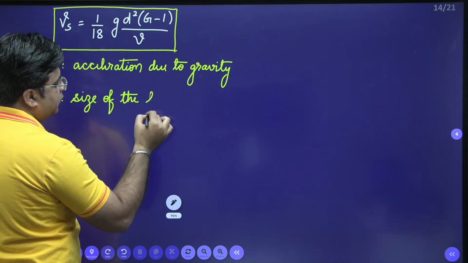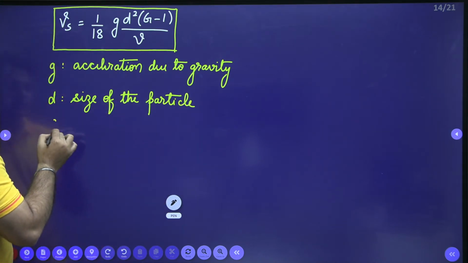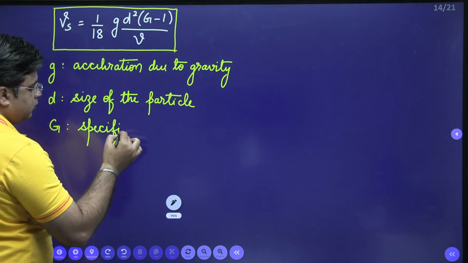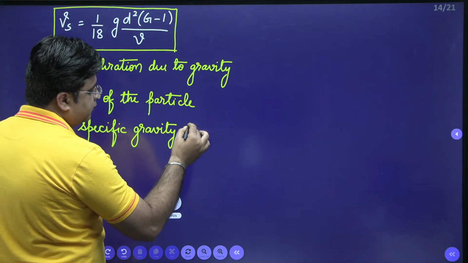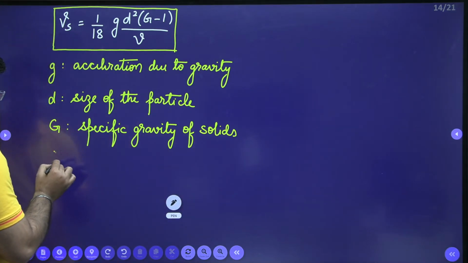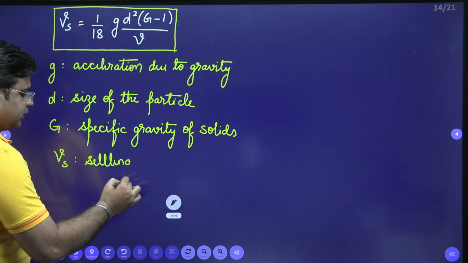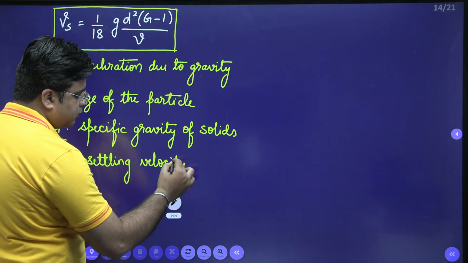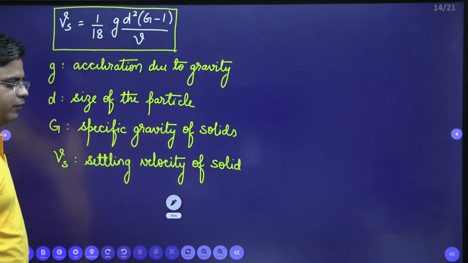Then G is the specific gravity of solids. Then you have Vs, which is the settling velocity of solid, right?